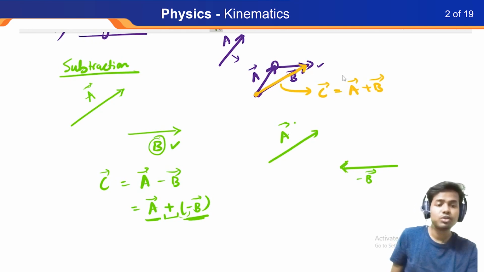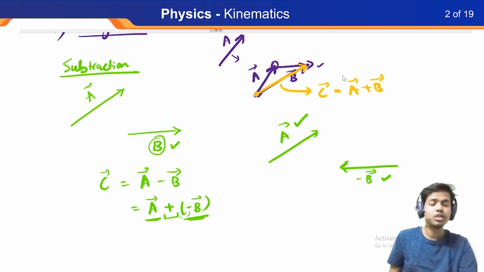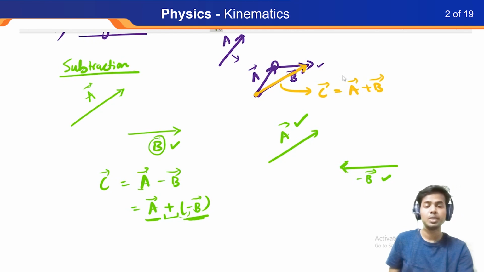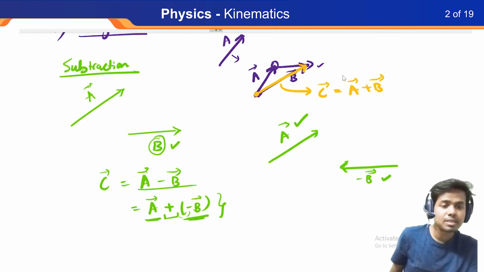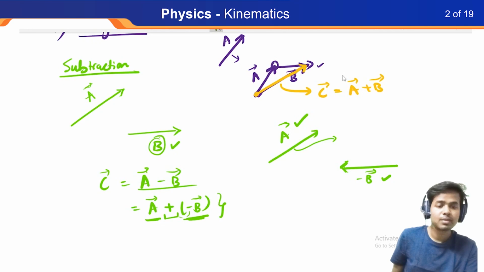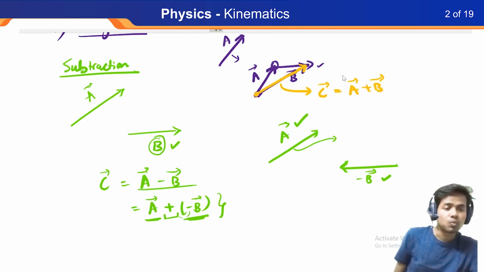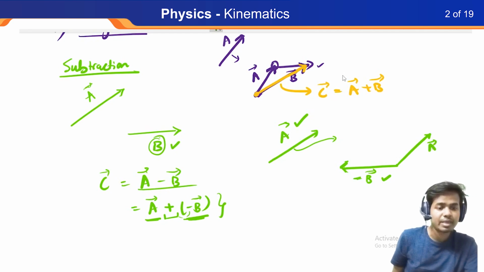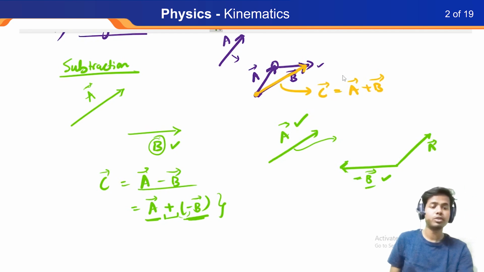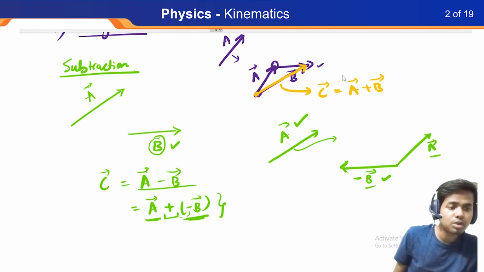Again, I have to do addition of these to get the subtraction of A and B. So I'll place this one at the tail or make the tails join. What this will look like is something like this: A vector, and this is minus B vector. Now all you have to do is addition of these two vectors, which we can do by the parallelogram rule.